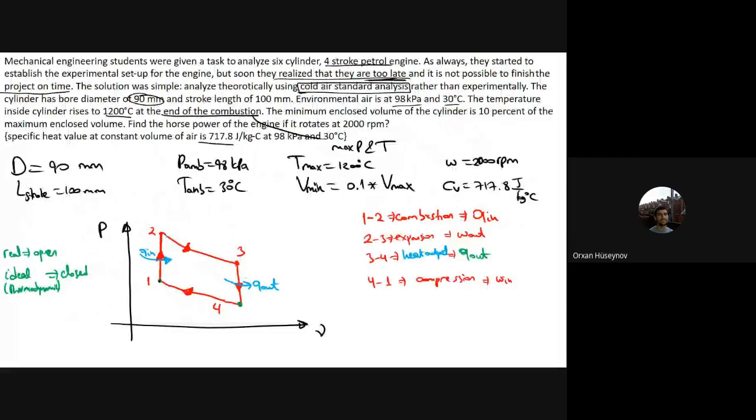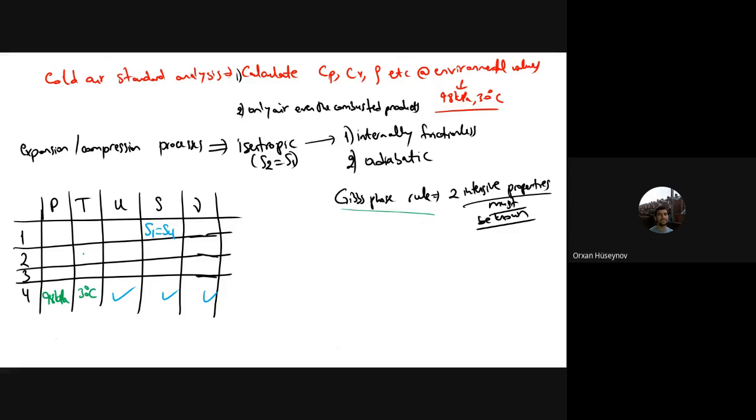And for the second state, which is state 2, this is the end of the combustion process. It is given as T maximum, which is 1200 degrees Celsius. Okay. For state 2, I know the temperature, 1200 degrees Celsius.